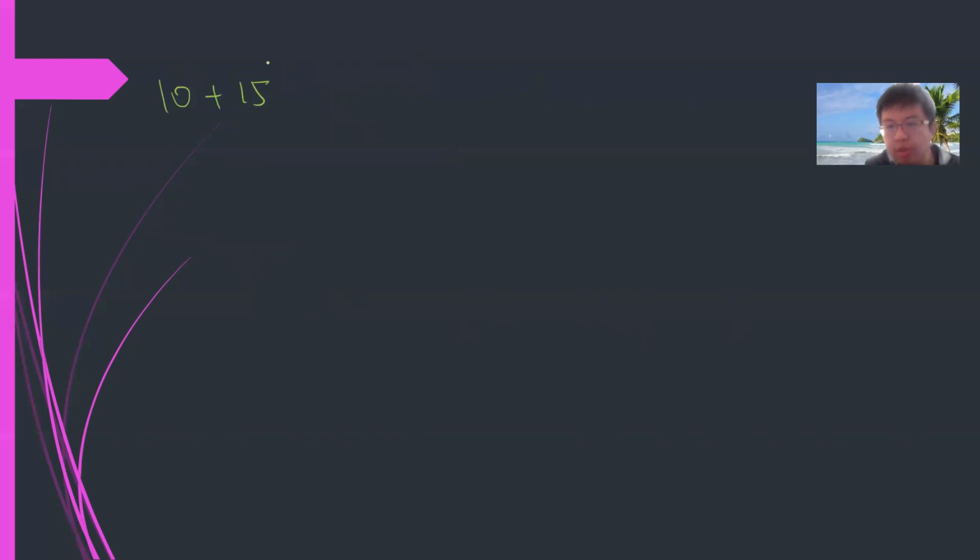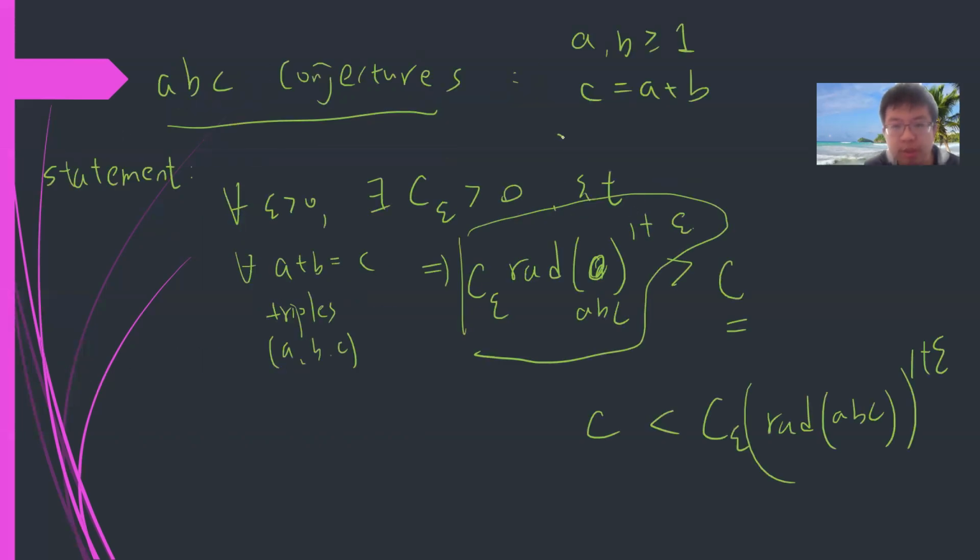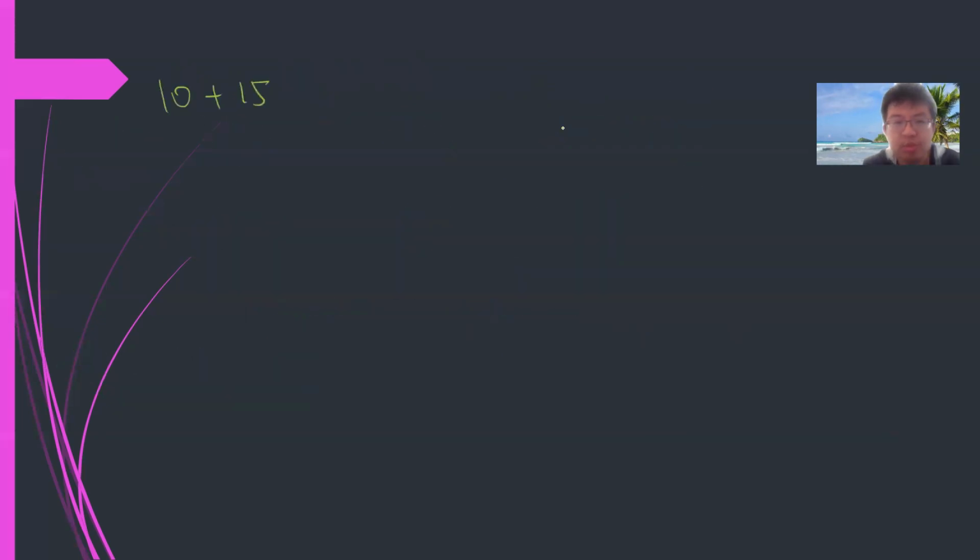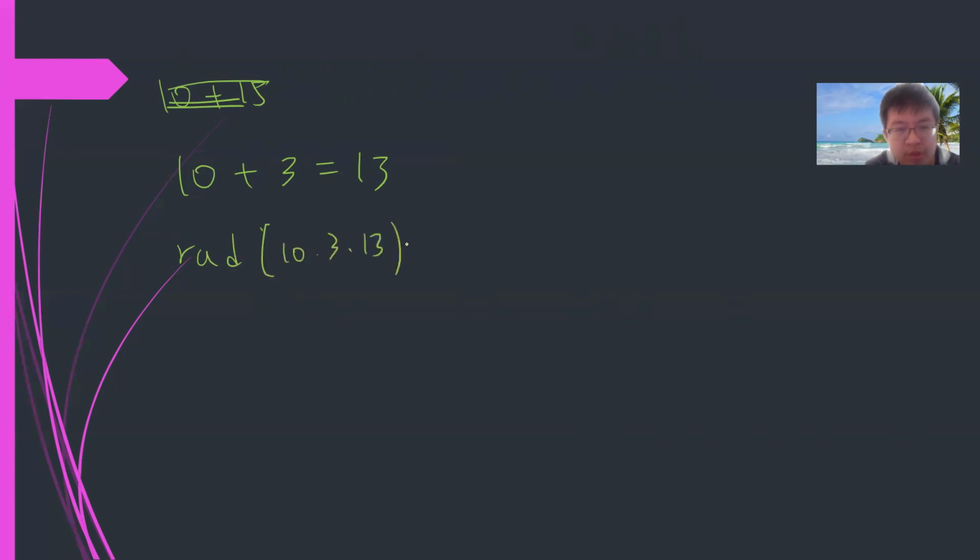By the way, A and B should be coprime, otherwise you can pull out the common factor. For example, let's say you use 10 plus 3 equals 13. The radical of 2 times 5 times 3 times 13 is 390, which is definitely larger than 13.